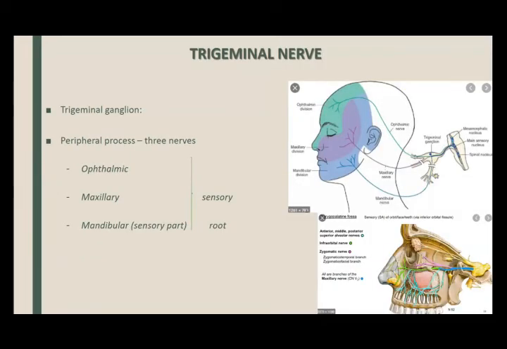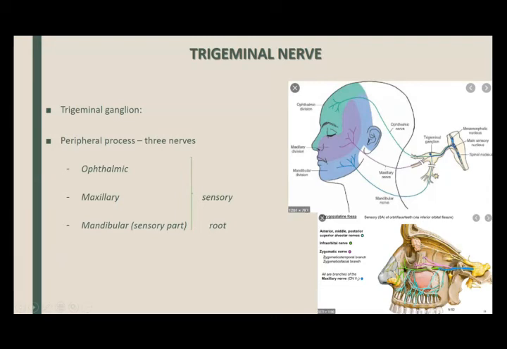Now look at this. Stimuli, sensory stimulation, that is the cutaneous part of the face. From here the sensations travel back. This makes up the ophthalmic division.